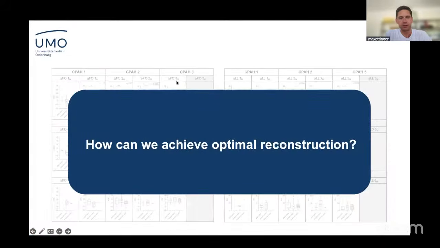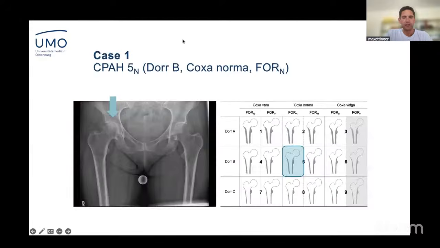But how can we achieve optimal reconstruction using the CPAH classification? Today I have some cases for you where I will show you basically how it works. So let's start with the easiest case and the most common hip out there in Europe at least.